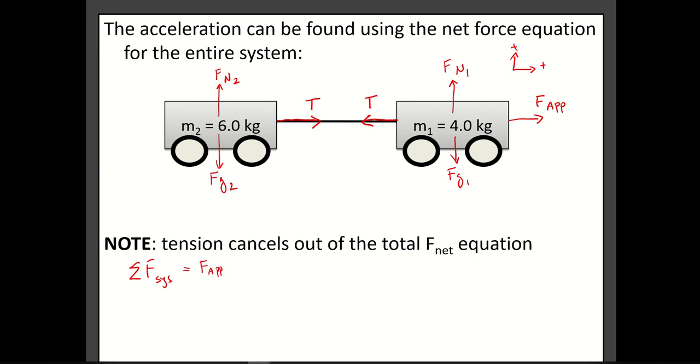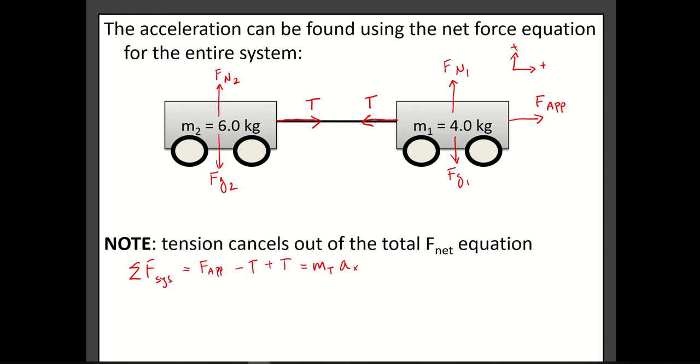Then I have tension, which is in the negative direction here. Tension in the positive direction. And then we're going to have the mass of the system, or the total mass, mt for total, times the acceleration. And this is in the x direction, where you can write system.